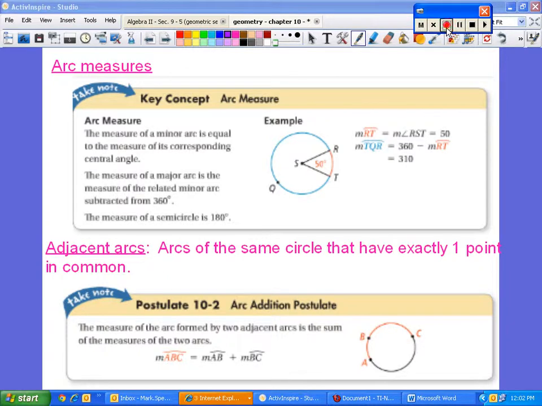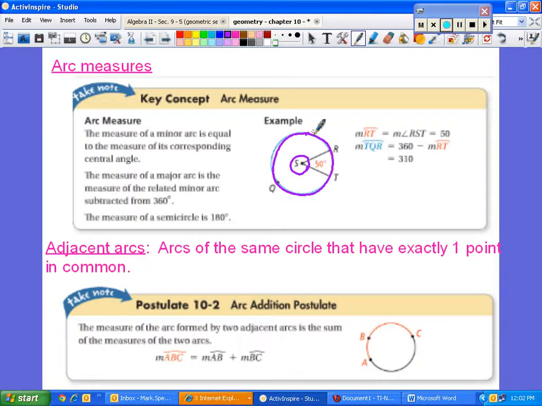Now, we know how many degrees there are in a circle, right? There's 360 degrees. So that measurement doesn't matter. The size of the circle doesn't matter. So my 360 degrees can be here, or my 360 degrees can be around the outside of the circle. It doesn't matter.